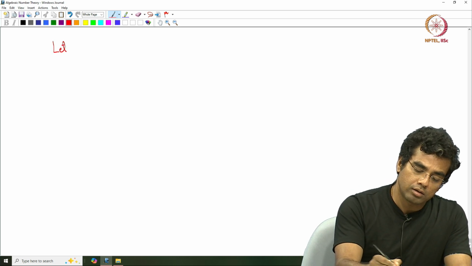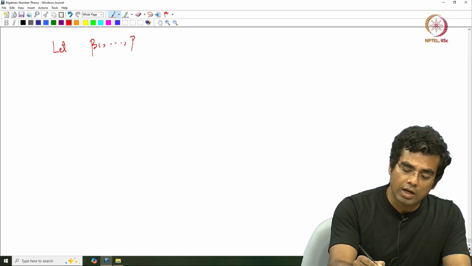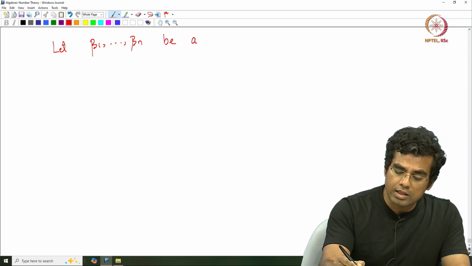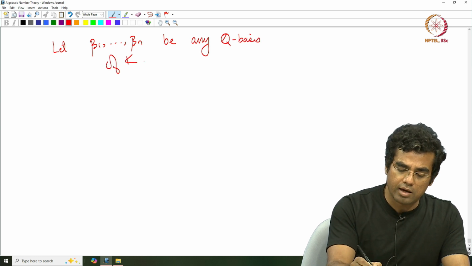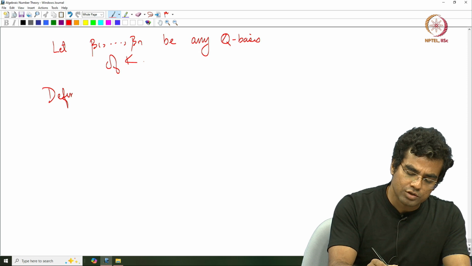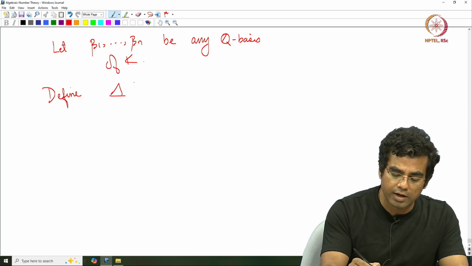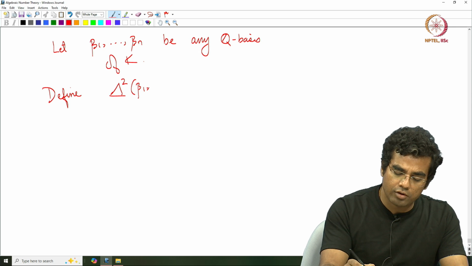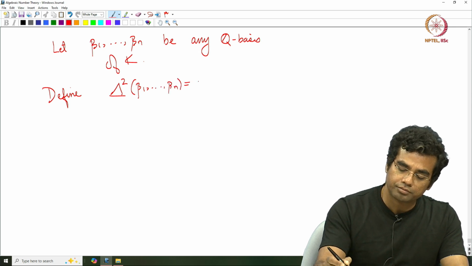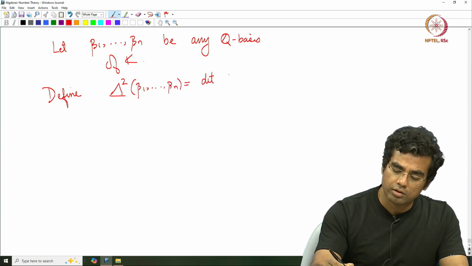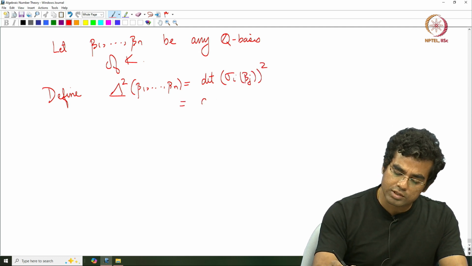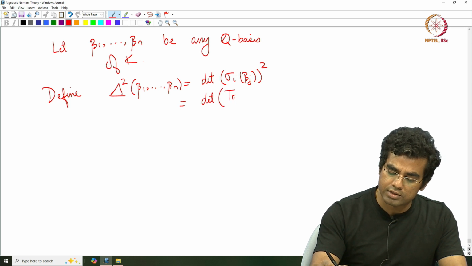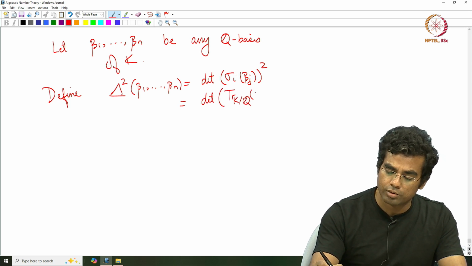So, let beta 1 up to beta n be any Q basis of K, and we can define, so this is of course not called discriminant, but it is defined similarly, delta squared of beta 1 up to beta n to be determinant of sigma i beta j squared, which is of course similar to the exercise above. This is determinant of trace from K to Q of beta i beta j.